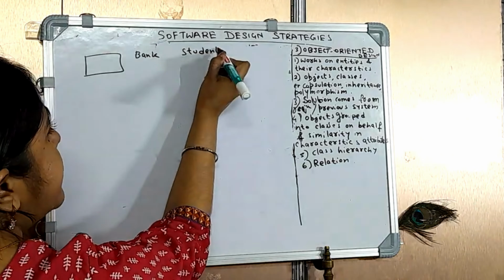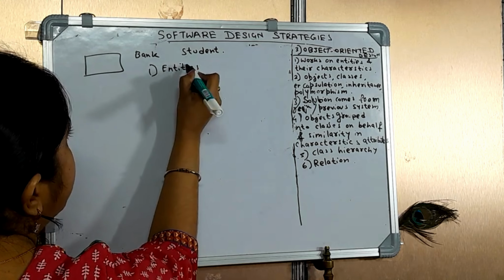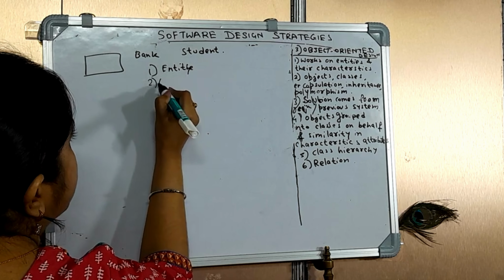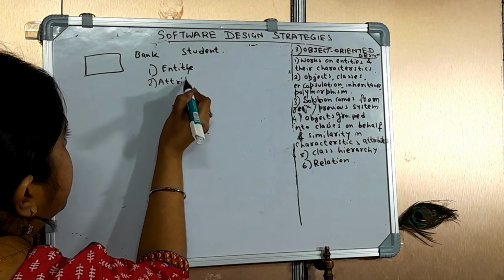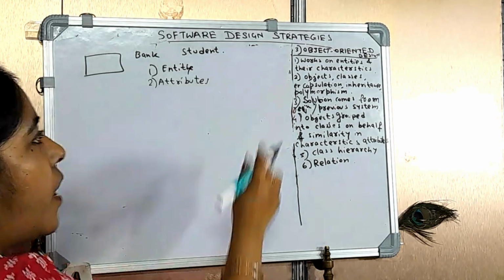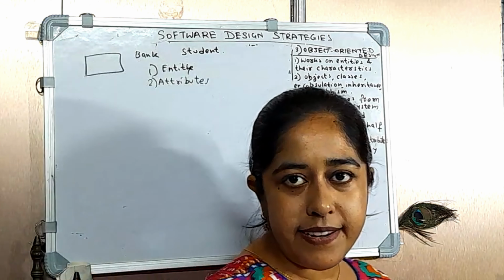We are working on a certain object, that is our entity. The characteristics of those entities are called attributes. So entities and attributes, these are the things being worked on in object oriented designing.